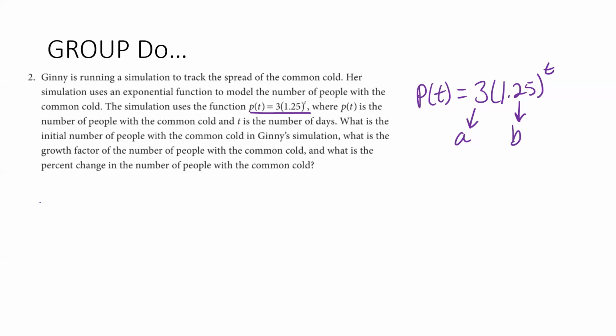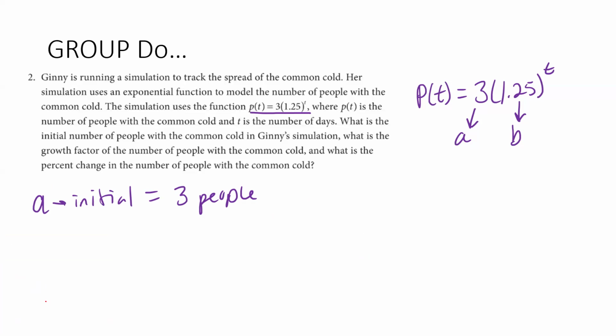A's job is, it's your what? A is your initial. So A is my initial value. So what is my initial here? There's 3 people. So 3 sick people started the cold. Does that make sense? Okay.